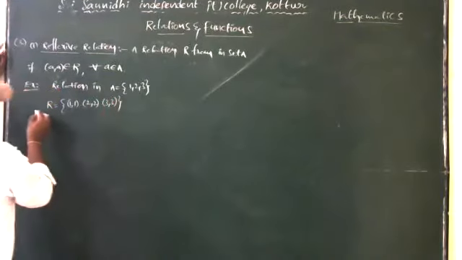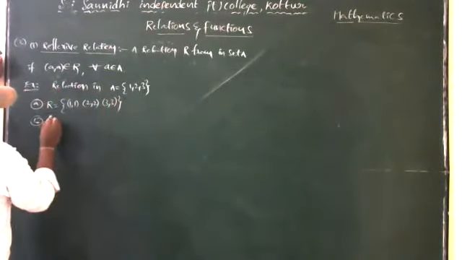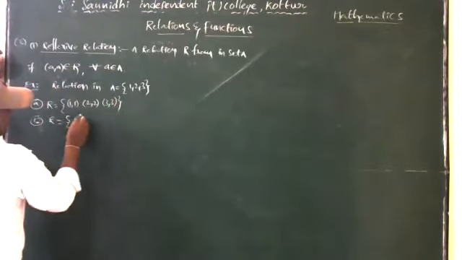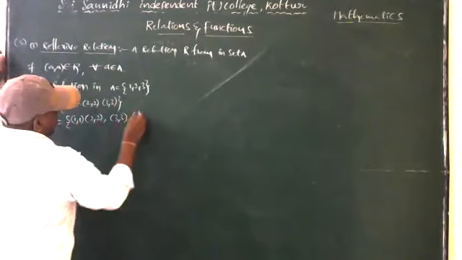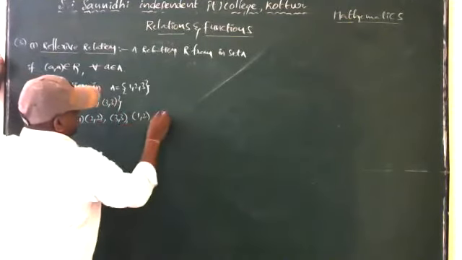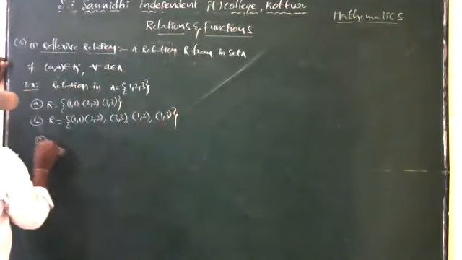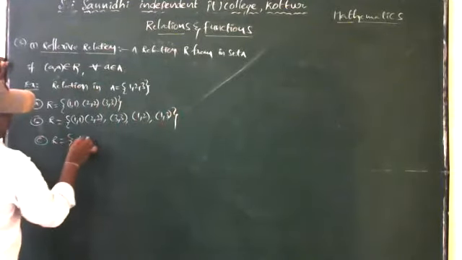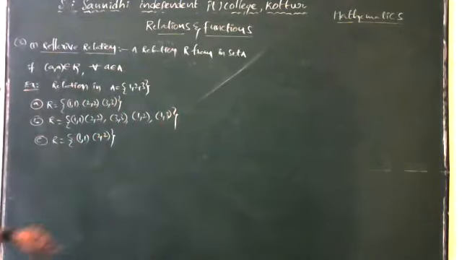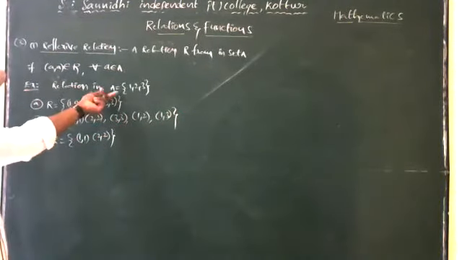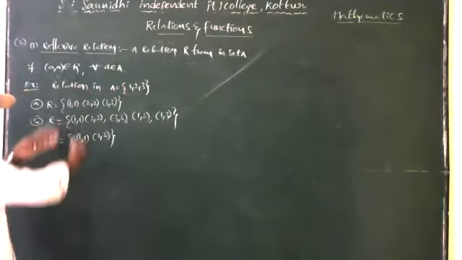See the examples from here. This is the first one. The second one is R equal to {(1,1), (2,2), (3,3), (1,2), (1,3)}. Then R equal to {(1,1), (2,2)}. Like this, for example, we define the relation on set A equal to {1, 2, 3}.